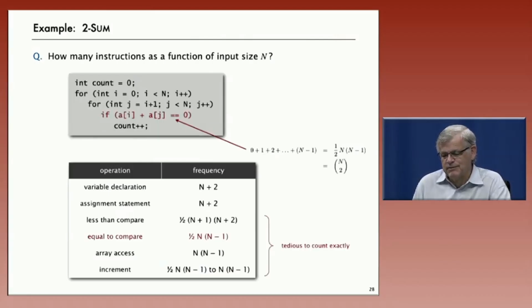So let's look at the next more complicated problem: what about the frequency of execution of instructions in the two-sum problem? How many pairs of integers sum to 0?